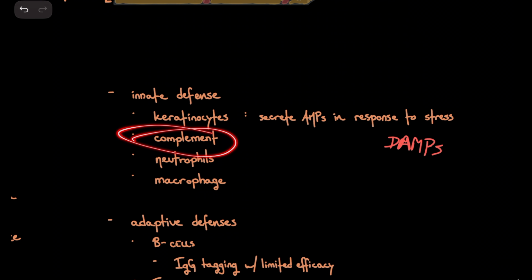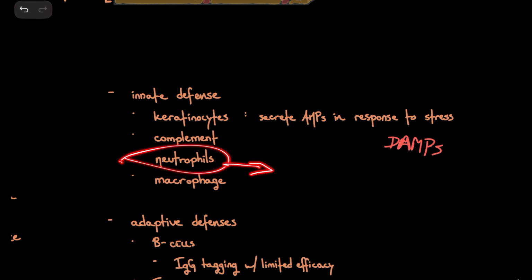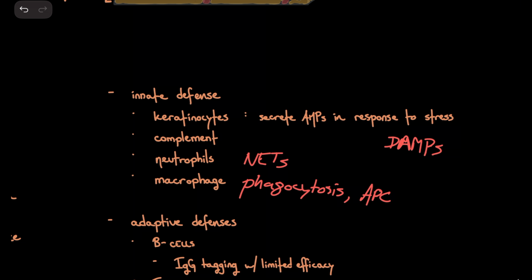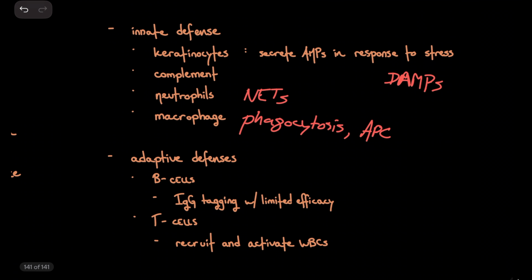Your complement system hopefully coming in to poke holes in these bacteria, and your neutrophils coming in to drop their nets, and your macrophages coming in to do some phagocytosis and some antigen presentation. Okay, so if you'll notice, it's a very conserved response. This is what they do each time. The neutrophils are going to do neutrophil things. The macrophages are going to do macrophage things.